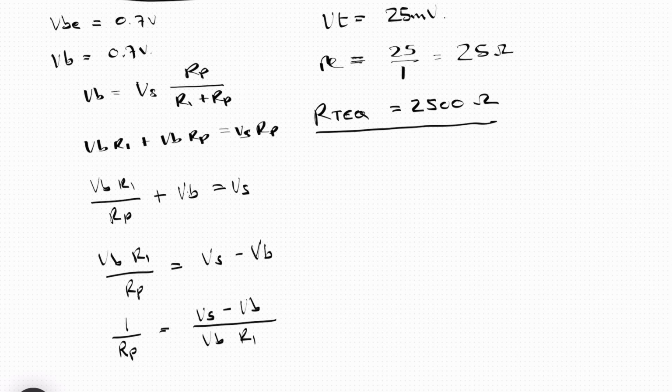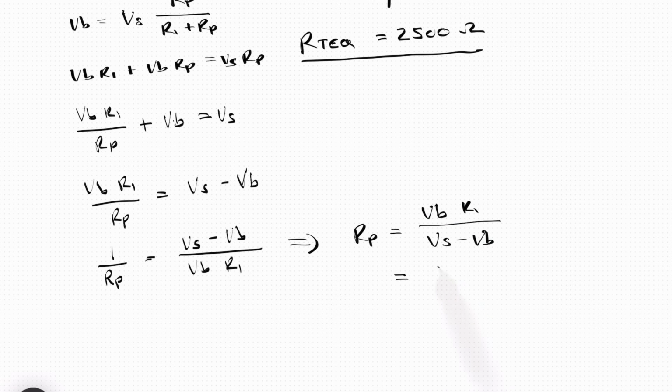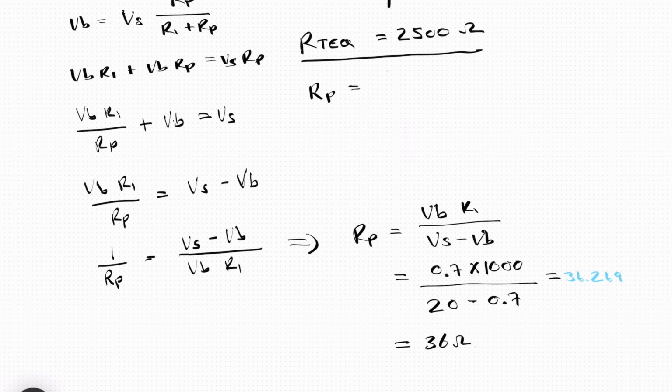And then we just have to invert that. So that will give us RP is equal to VB R1 over VS minus VB. So if we plug in those numbers, we get 0.7 times 1000 divided by 20 minus 0.7, which is equal to 36 ohms. So RP equals 36 ohms.